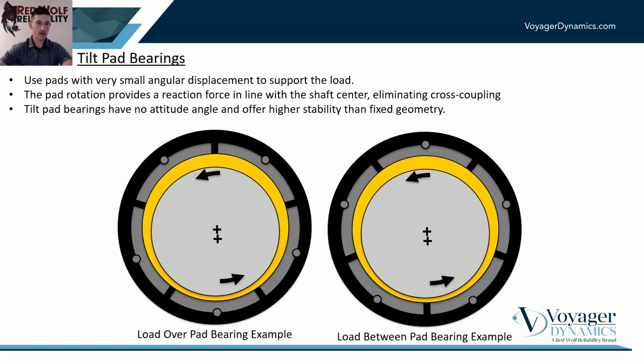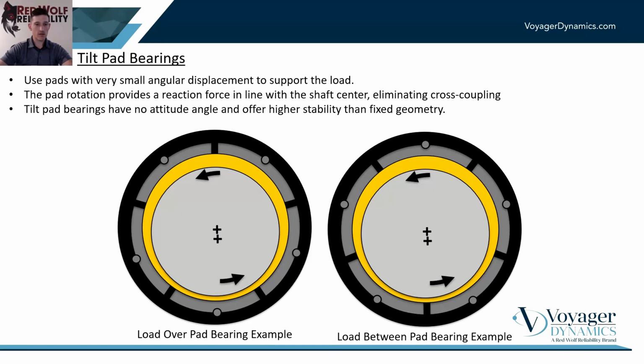So now that we've talked about our plain cylindrical journal bearing and fixed geometry bearings, I wanted to talk about tilt pad bearings. Now there's a few different styles. There's tilt pad bearings. There's also flex pad bearings. We're not going to talk about them a lot, but a lot of the basic ideas are similar between the two.